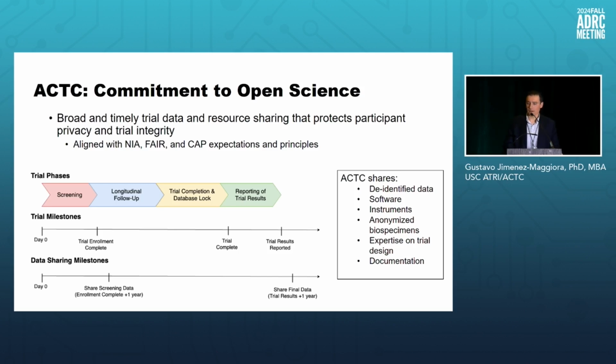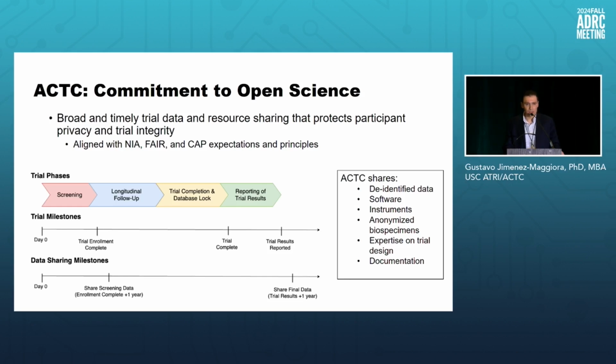ACTC has a long-standing commitment to open science, which is aligned with the NIA expectations, as well as the principles of FAIR data and the Collaboration for Alzheimer's Prevention. To meet this commitment, we support broad and timely data and resource sharing that is designed to protect participant privacy as well as trial integrity.